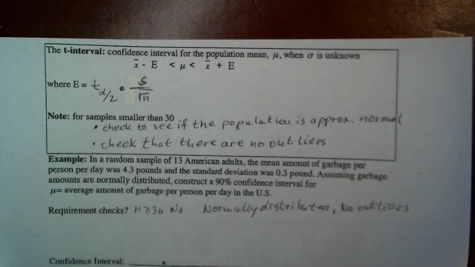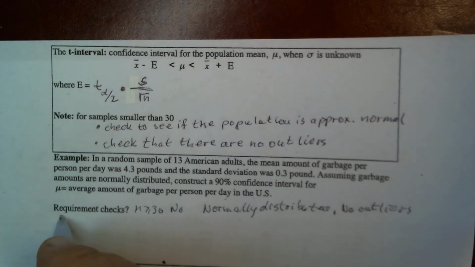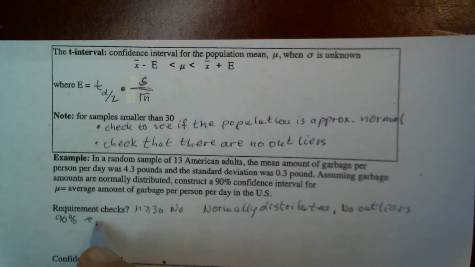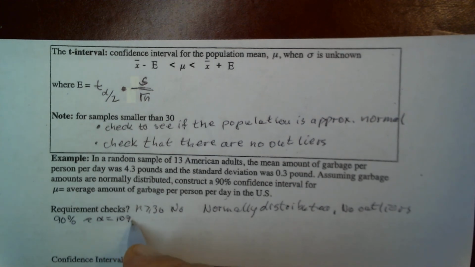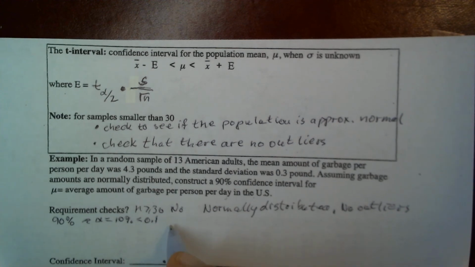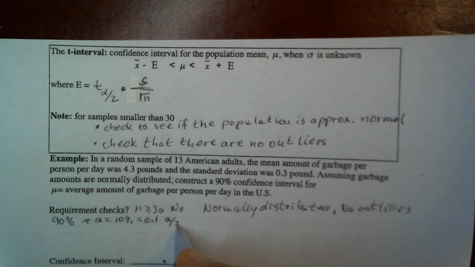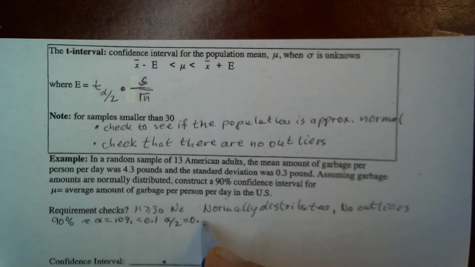Okay, so we have a 90% confidence level. That means that alpha is equal to 10%, or 0.1. So alpha divided by 2 is equal to 0.05.